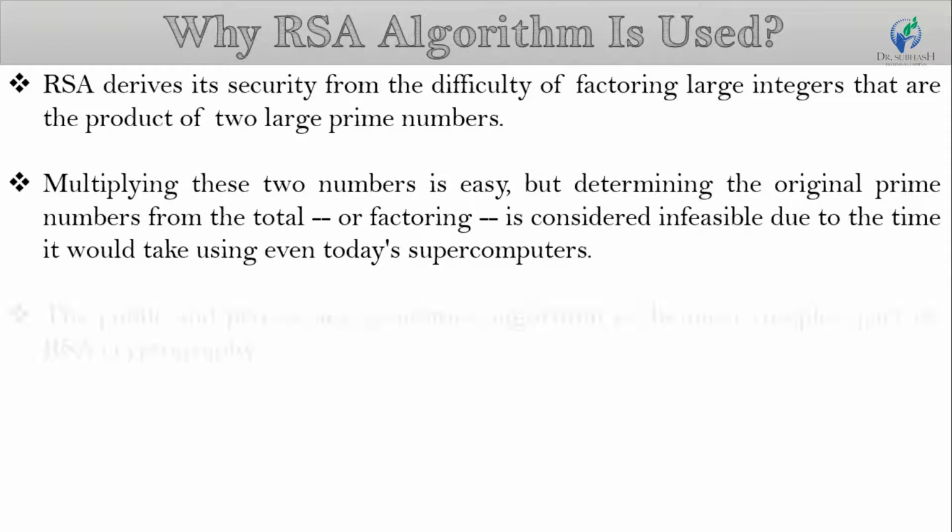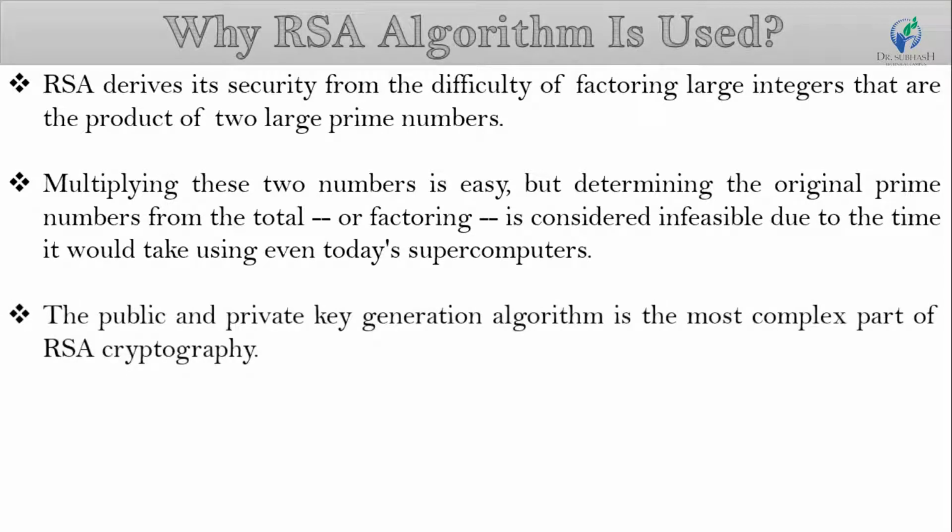The public and private key generation algorithm is the most complex part of RSA cryptography. For that, two large prime numbers like P and Q are agreed using the Rabin-Miller primality test algorithm. Modulus n is calculated by multiplying P and Q. This number is used by both the public and private key and provides the link between them.